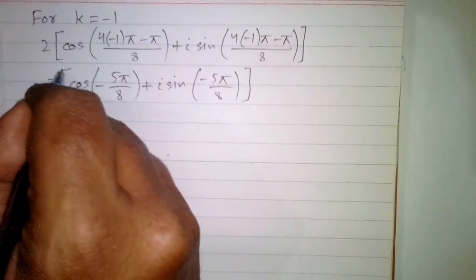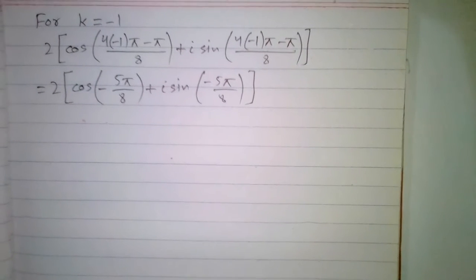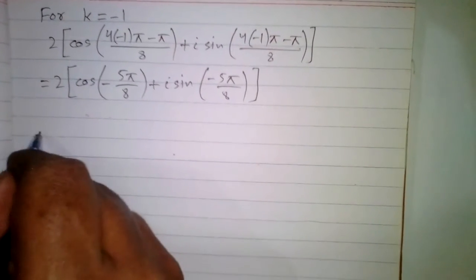So this is the first fourth root of minus 16 iota.